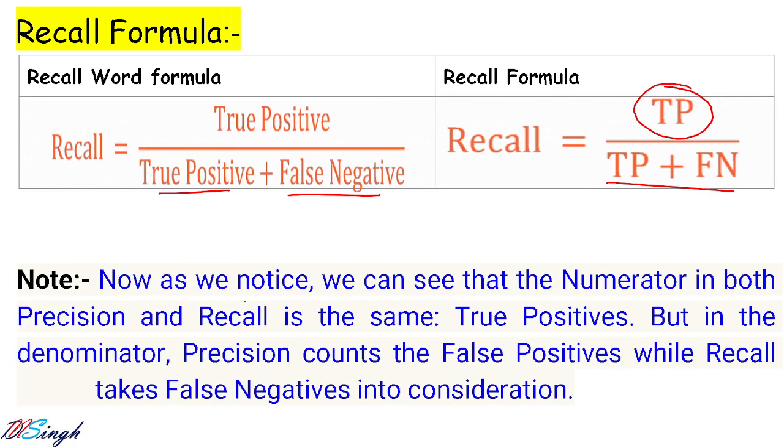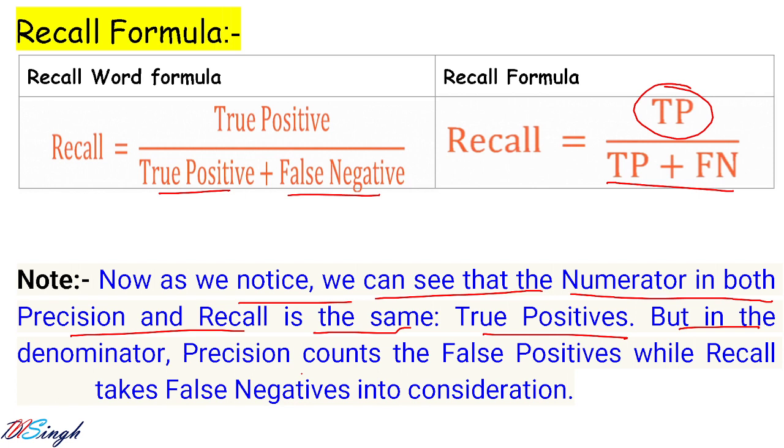There we go. Now as we notice, the numerator in both precision and recall is the same, true positive, but in the denominator precision counts the false positives while recall takes the false negatives into consideration. So the denominator is TP plus FP for precision, but for recall it is TP plus FN, and it gives a good idea about the false negative cases also.